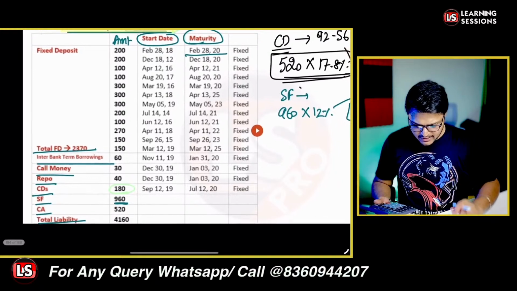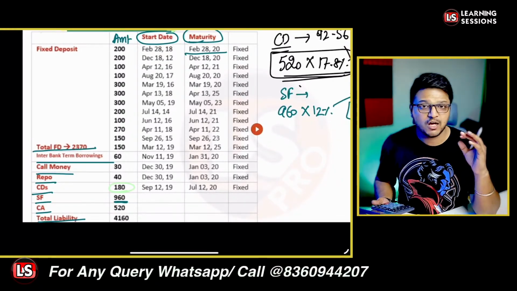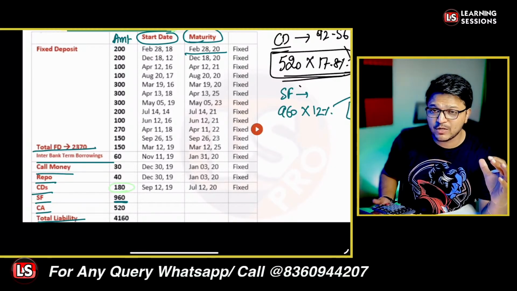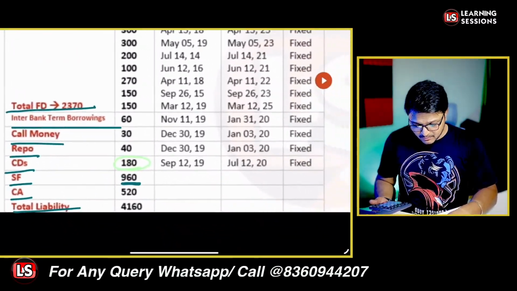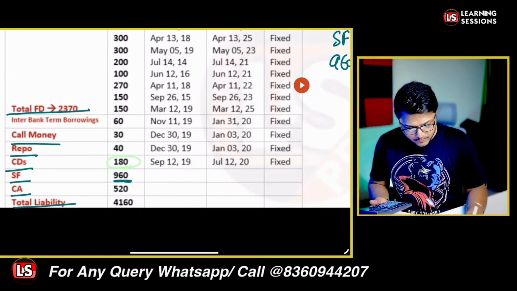The next question is about the interbank term borrowings. In what bucket will the interbank term borrowings be indicated? Kindly let me know. Let me highlight this particular point over here.